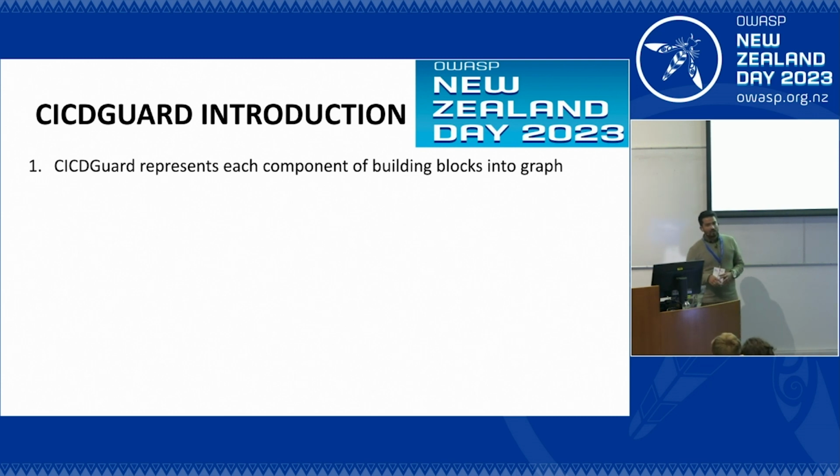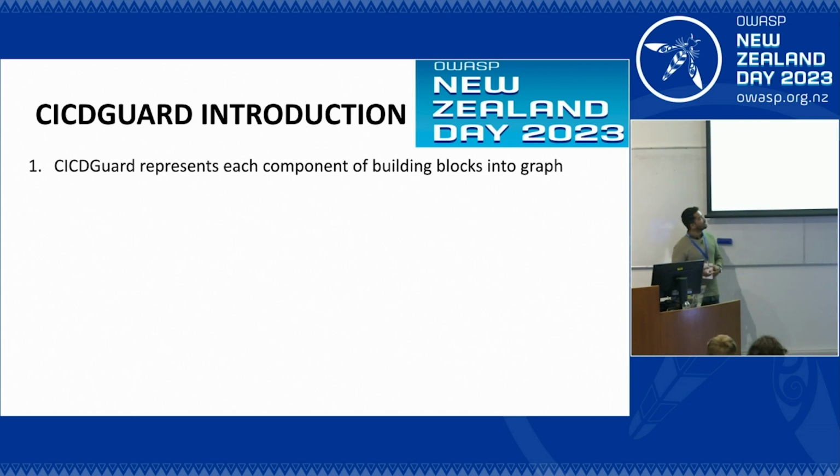it breaks down all the CI/CD technologies. At this point in time, it supports four technologies: Jenkins, GitHub, GitHub Actions, and JFrog. It breaks down all supported technologies into multiple components, and each component is represented as a node in the graph, and the relationships between the nodes are represented by the edges. So each edge represents a relationship between different nodes.